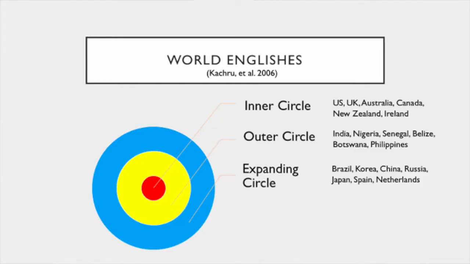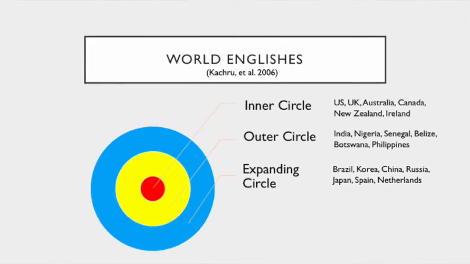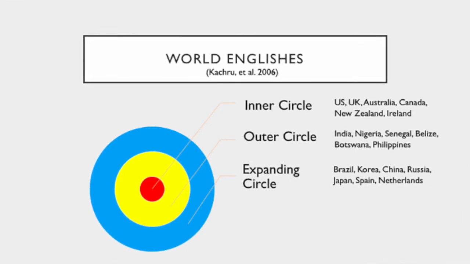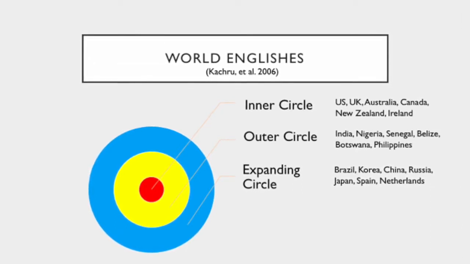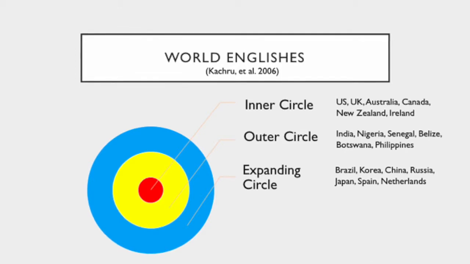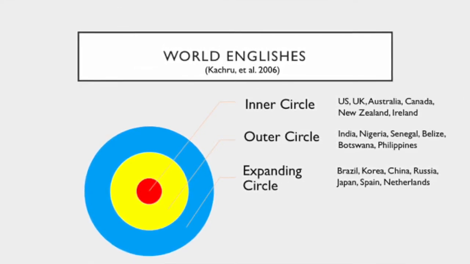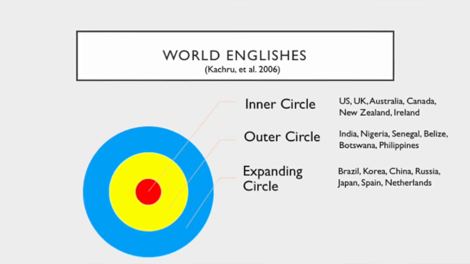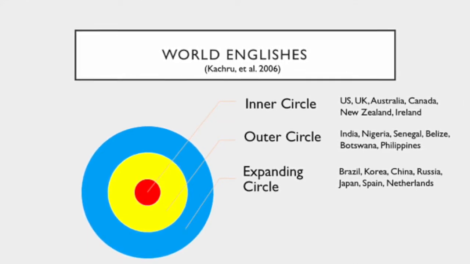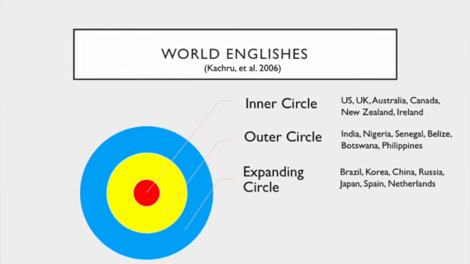The expanding circle includes countries where English plays no historical or governmental role as an official language, but where it nevertheless is widely used as a significant medium of international communication as a second or third language, and is emphasized often in early education in these contexts.